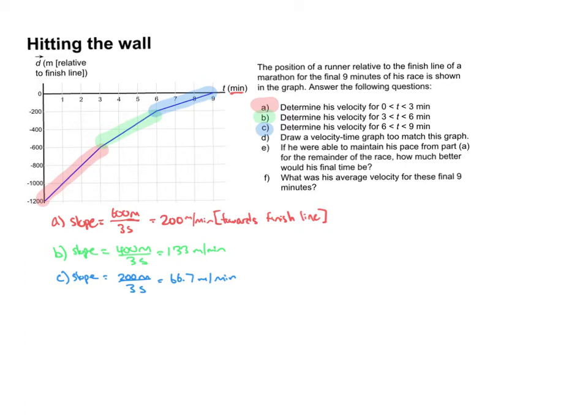All right, draw a velocity time graph to match this. So, pretty happy that all of these segments on the graph are straight. We're not dealing with any curves here, so that's nice. Okay, so I'll just sketch out some axes.